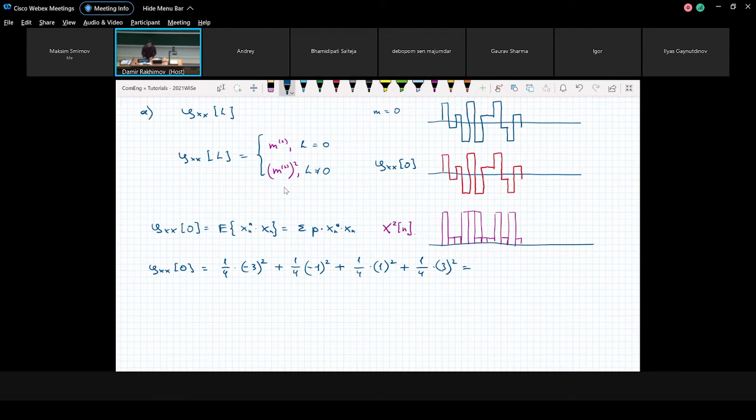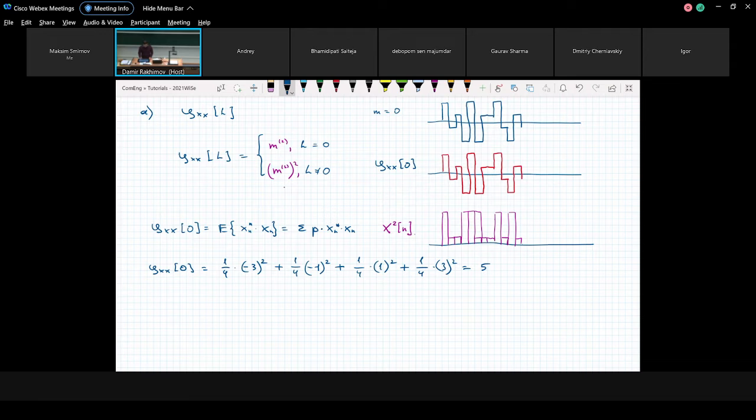This is how we calculate the second moment. Now we need to calculate this expression. We have 9 plus 1, it will be 10, plus 10, 20, divided by 4, it will be 5. So at the point equal to 0, our autocorrelation function equals 5.